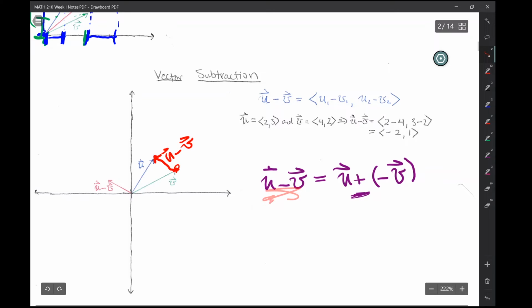Well, let's take a look by using this tail to end rule. So what then is minus v? Here I'll use, say, pink for minus v. It's going to be the vector that points in the opposite direction of v but has the same length. Okay? And now, what do we do? We take tail to end, right, when we add the vectors.